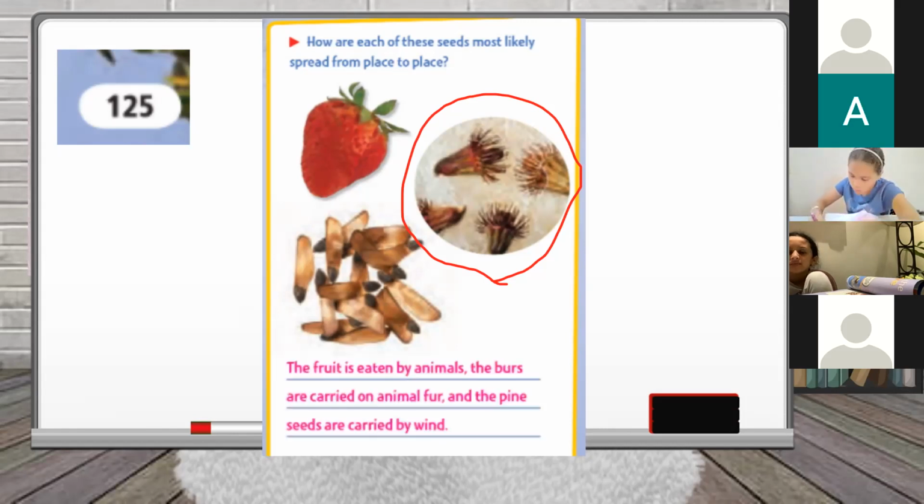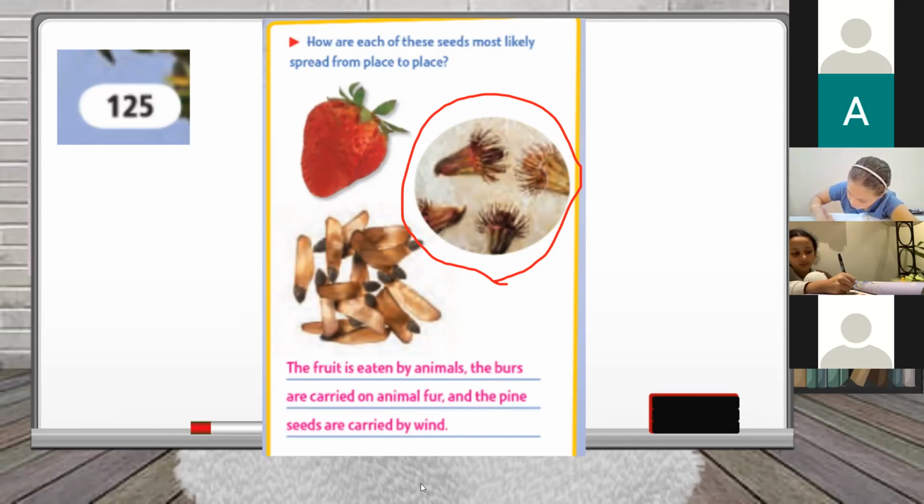Water and wind. Excellent. Okay, the fruit is eaten by animals. The burr seeds are carried on animals' fur sometimes. On the animal fur, this one, the one you circled. And pine seeds are carried by wind because they are very, very light.